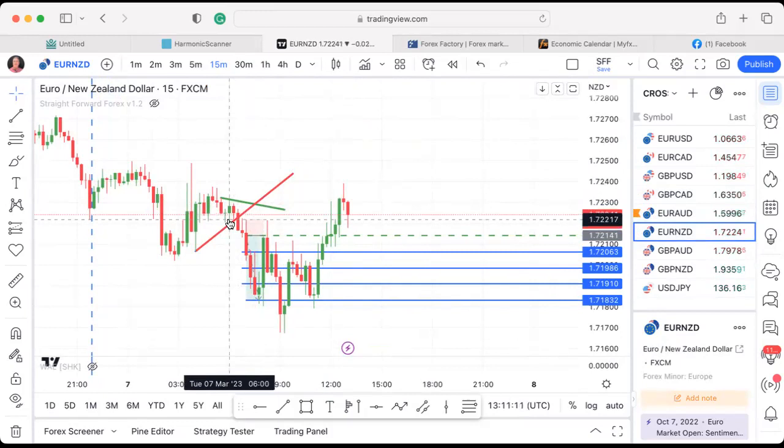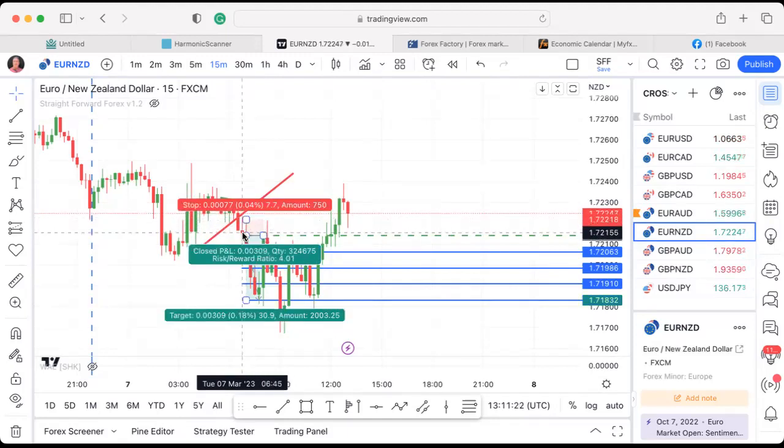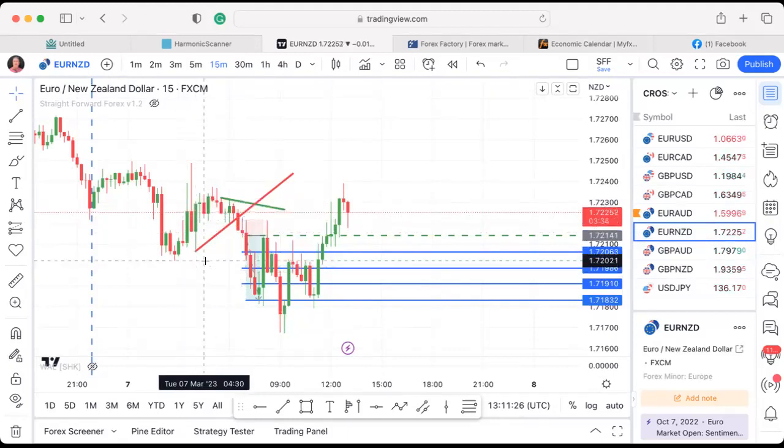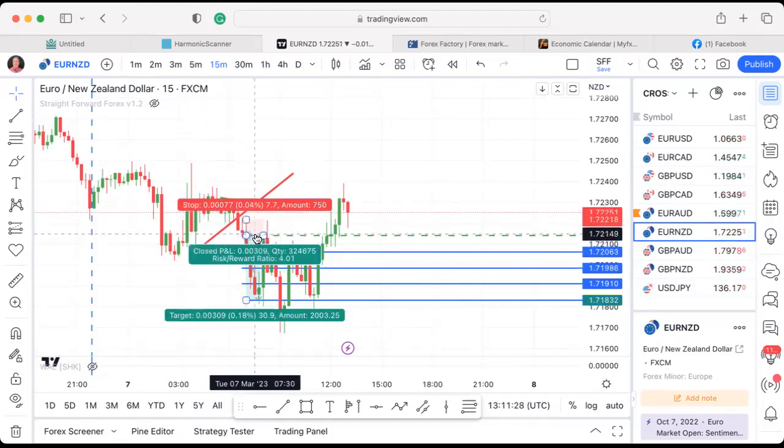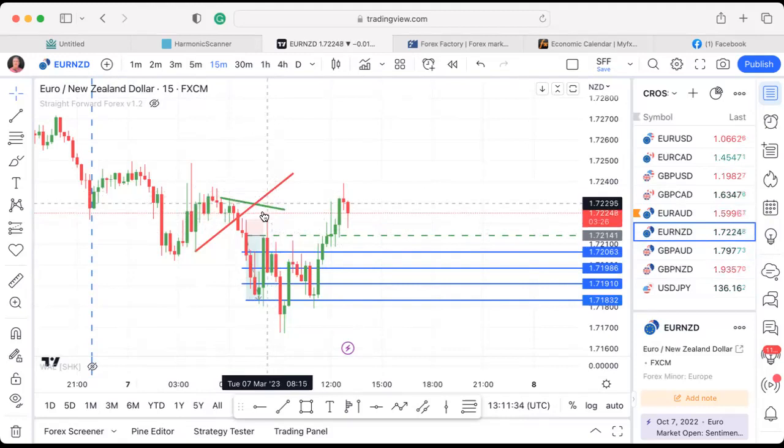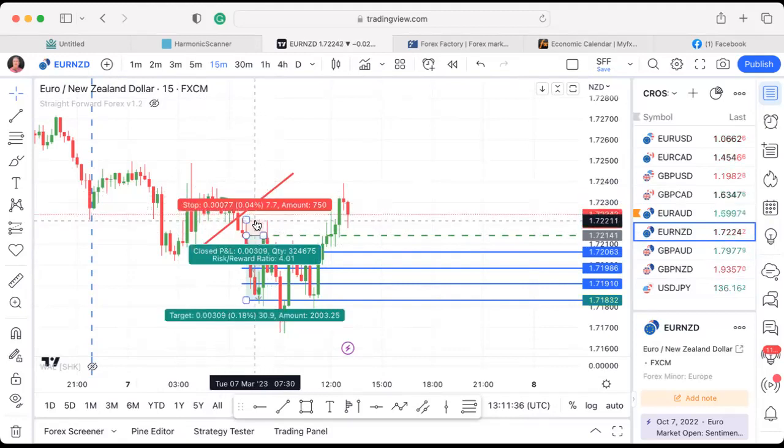So I put the trend lines in place, and on that candle there, we dropped below the red line. So we were looking for potential sells, and I put a marker on my entry point. I put my stop loss at the previous candle. Now that was 7.7 pips stop loss.